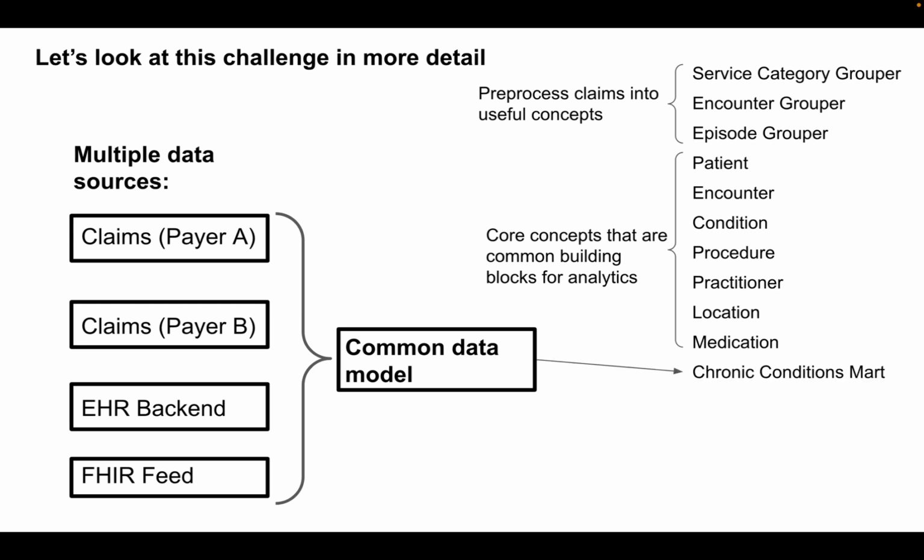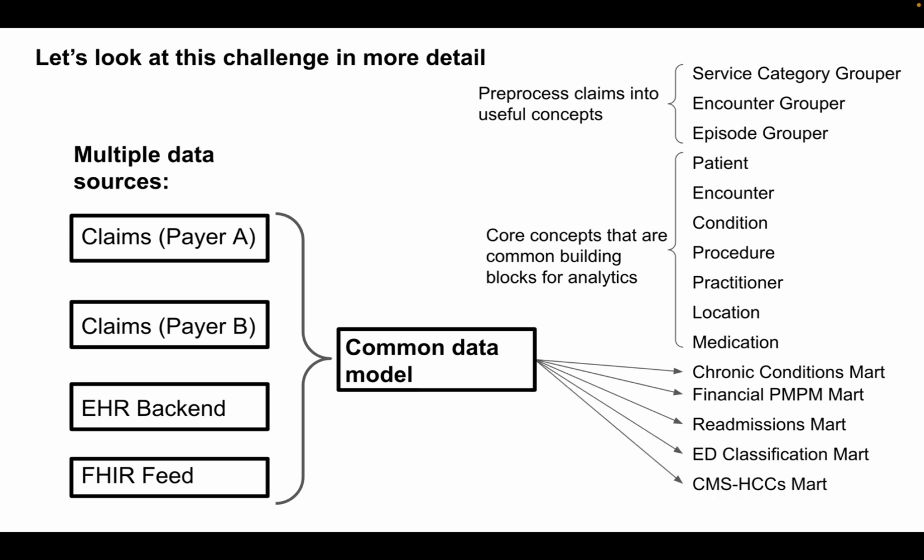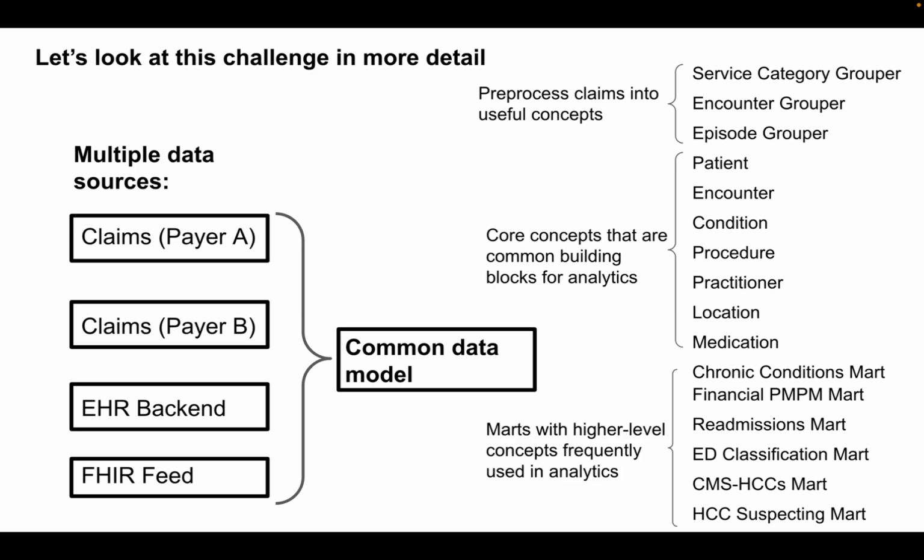And then on top of that, you need to define higher level concepts that go into data marts, like a chronic conditions mart, for example, that could house the logic for defining which patients have which chronic conditions, or a financial PMPM mart that you would use for medical economics or financial research, or a readmissions mart or ED classification, HCCs, suspecting marts, etc. These are just marts with high-level concepts that are frequently used in all kinds of analyses.